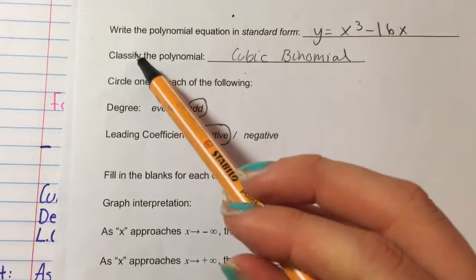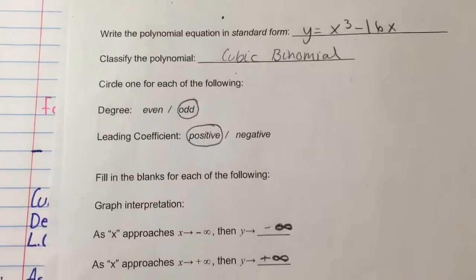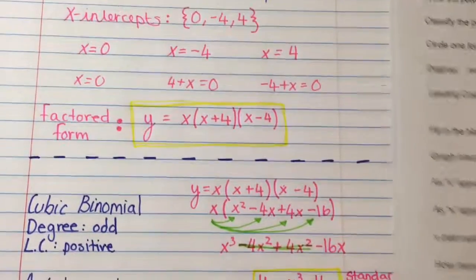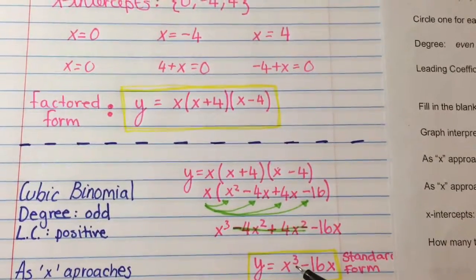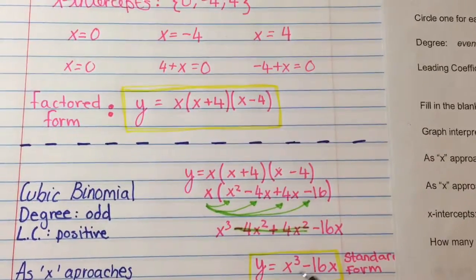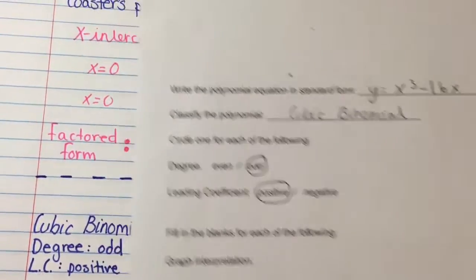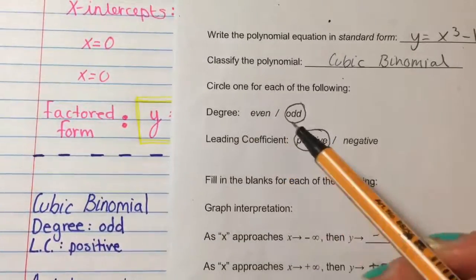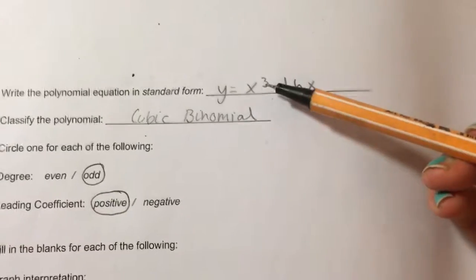The classification of this polynomial is a cubic binomial because the highest degree is cubed, so 3, and it's binomial because it's only 2 factors. Okay, and then the degree, is it odd or even, and we can see that it's odd.